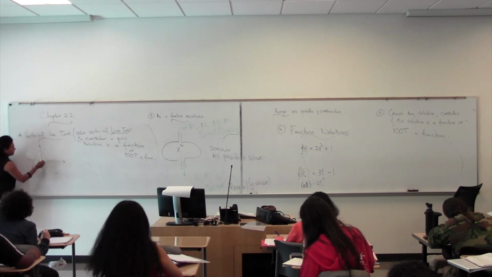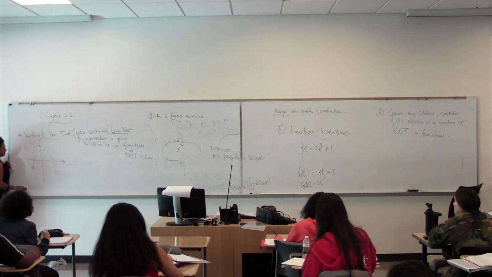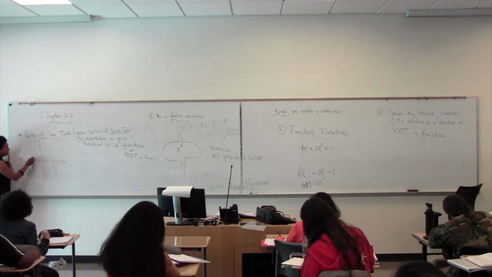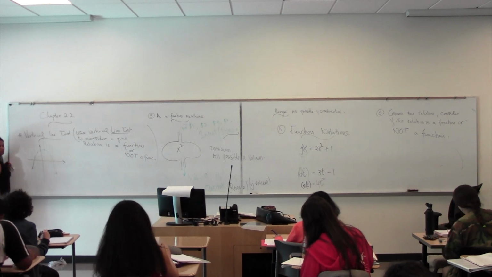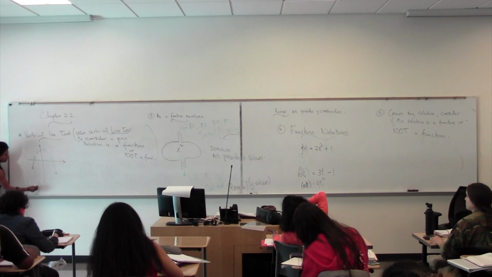Can you draw a single vertical line for this graph that crosses the graph more than once? Any vertical line that crosses this graph, the most it crosses is how many times? One, only once. So this is a function.